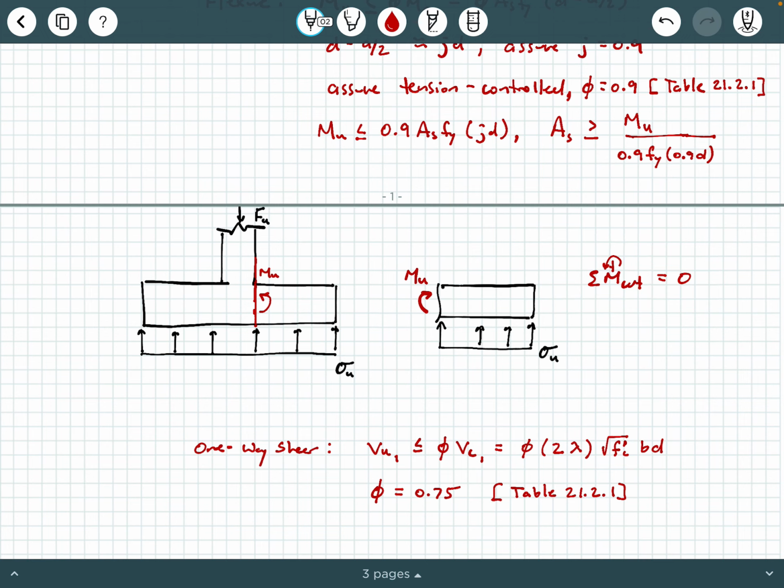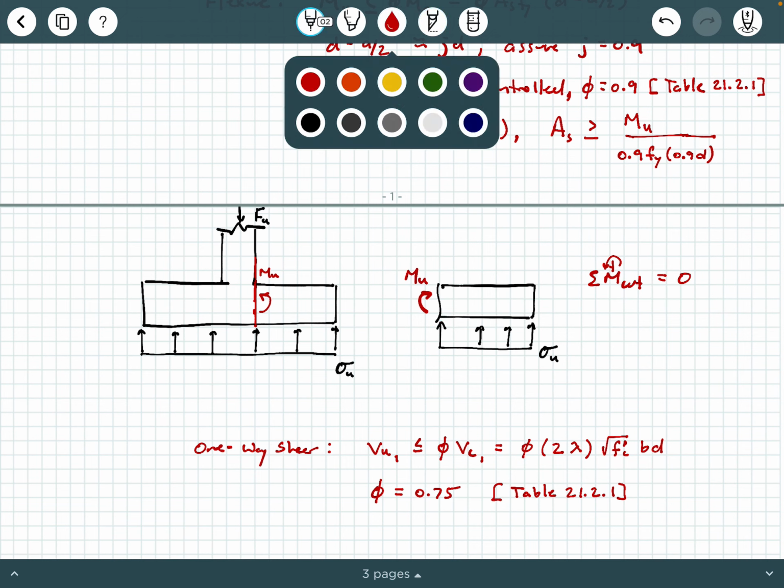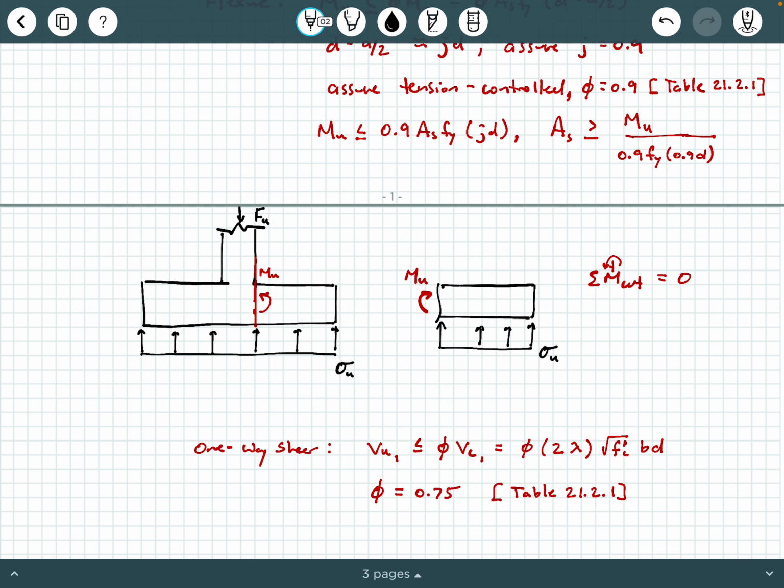Now the question becomes, how do we calculate this MU here, okay? Well, again, you should have some dimensions here, all right? We know that this entire base is B, okay? And then we're going to call the width of this column little c, just because that's what ACI calls it, all right?